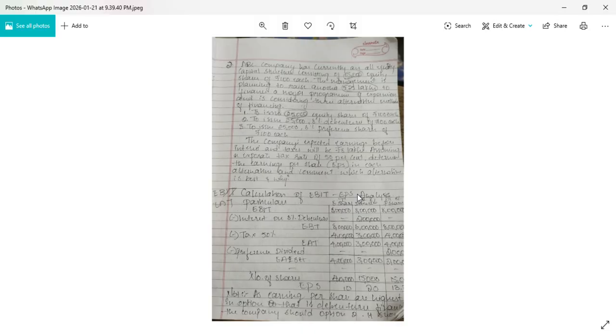For equity shareholders and preference shareholders, we will provide dividend, not interest. So from EBIT, we have to deduct interest.